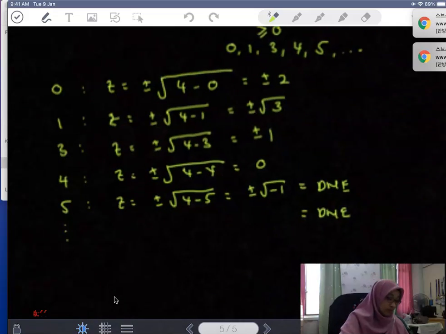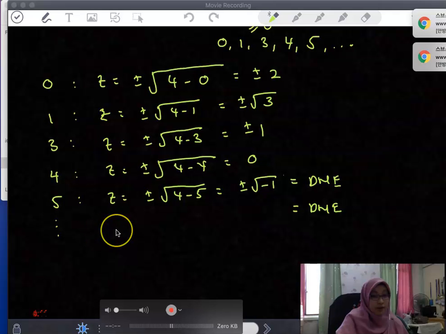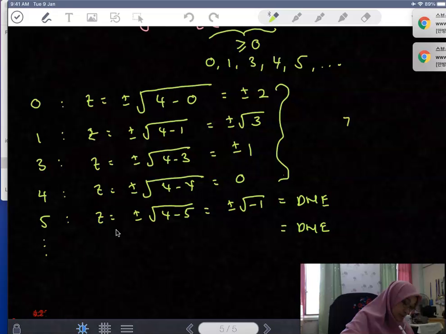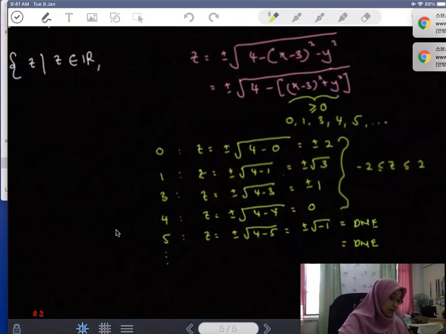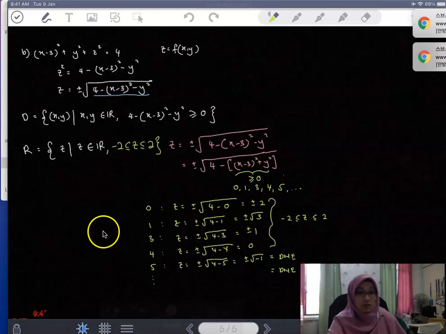So these are the only possible z that we can have: z can be 0 or positive, where the highest is 2 and the smallest is minus 2. So we put the constraint of the range, minus 2 to positive 2. Okay, so this is our result.